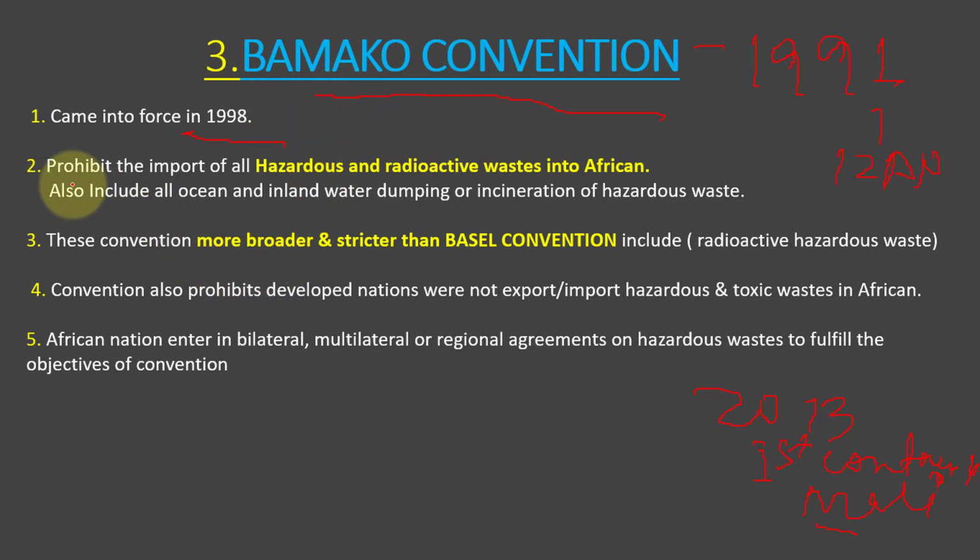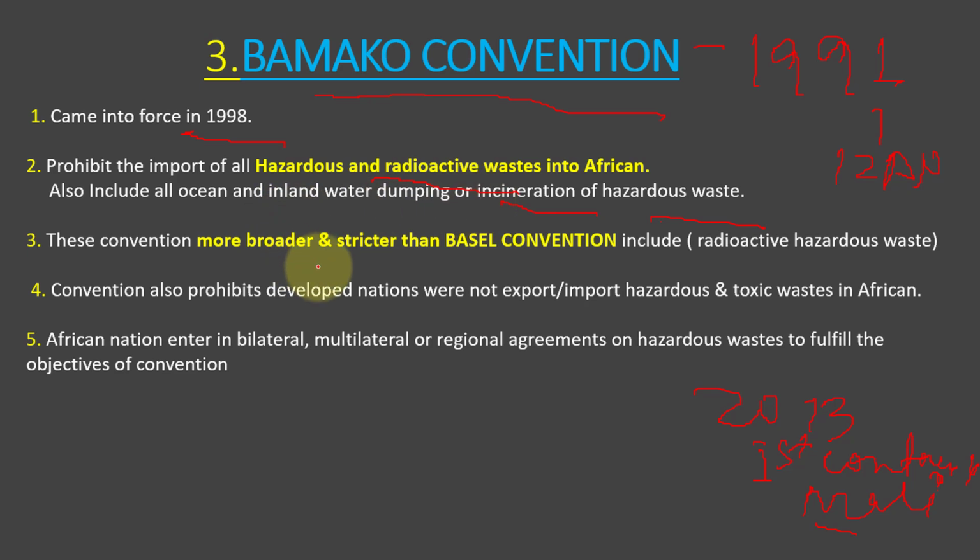Now, what is the focus of the Bamako Convention, friend? It prohibits the import of all hazardous and radioactive waste, yes, friend, into African nations. Now, friend, it also includes ocean and inland water dumping or incineration of hazardous waste in African nations.